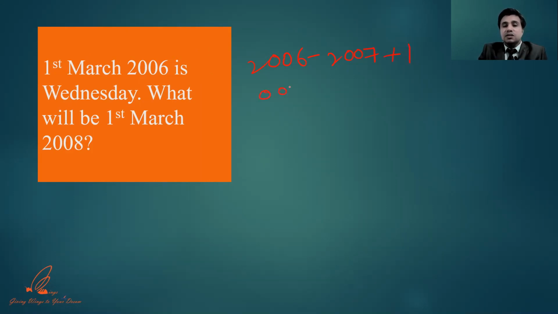Next, 2007 to 2008. This year includes the February of 2008, not 2007. February 2008 was 29 days, so for this year we have 2 odd days. Total is now 3 odd days, which means the answer is Wednesday plus 3, Saturday.